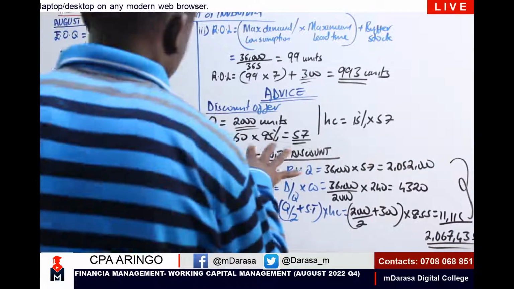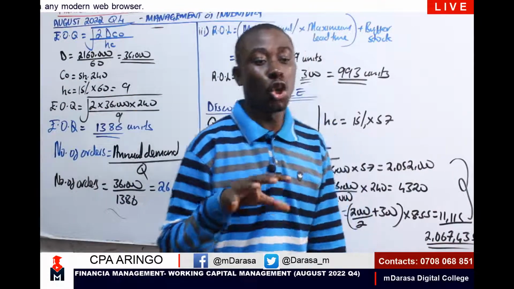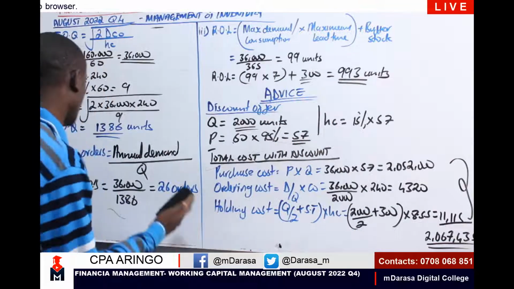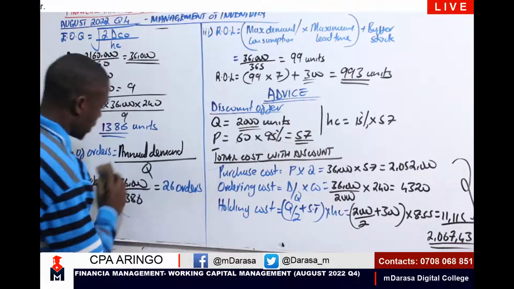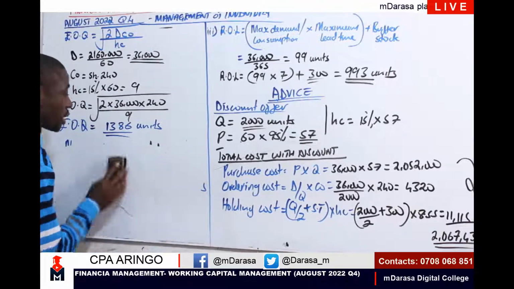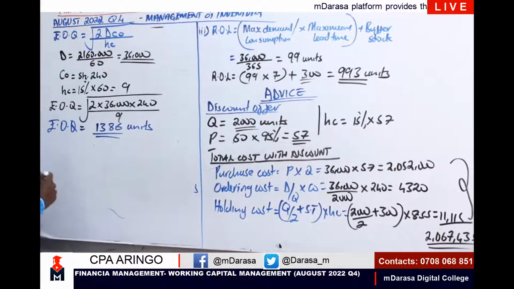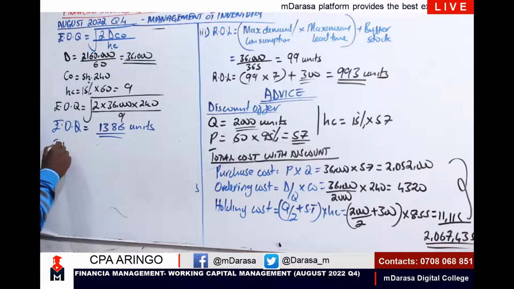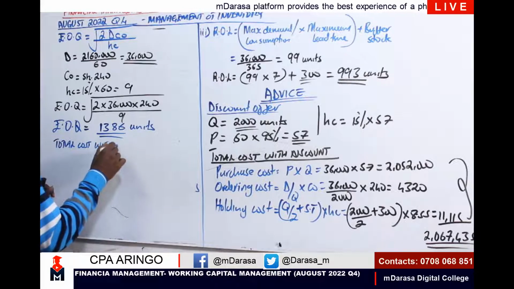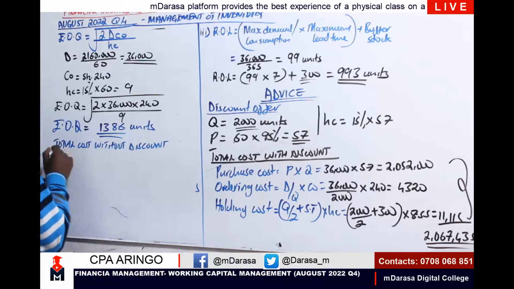After you're done with this, let us now determine our total cost without discount. So what will we be having as our total cost without discount?